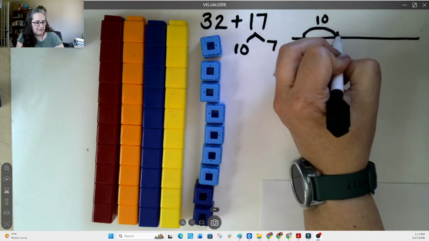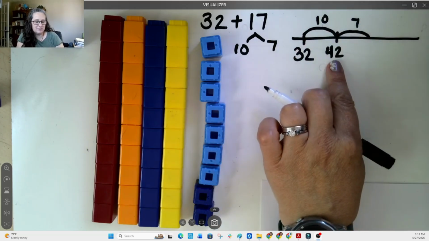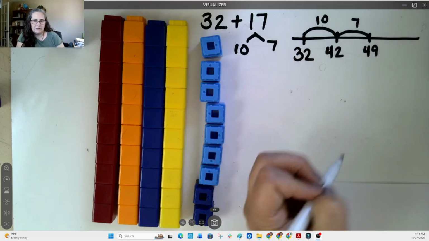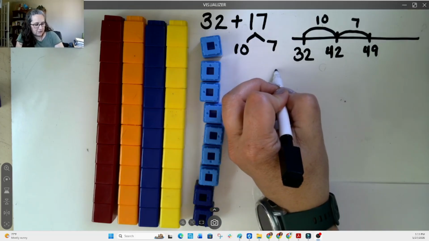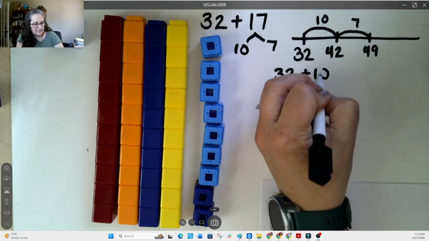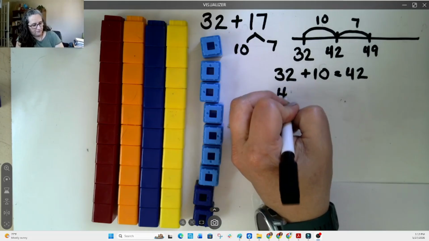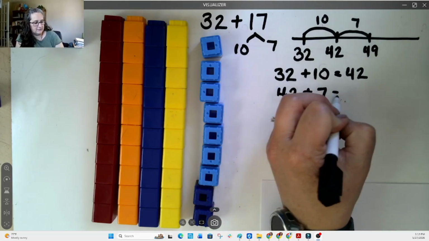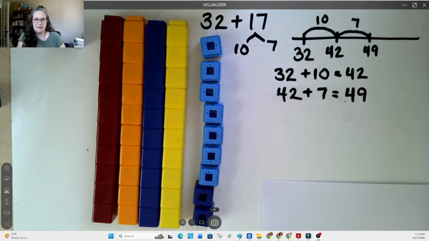And then we added 7 ones and went from 4 tens, 2 ones, to 4 tens, 9 ones. We could also write this out in equations. We started at 32 plus 10 equals 42, and 42 plus 7 more ones is 4 tens, 9 ones, or 49.